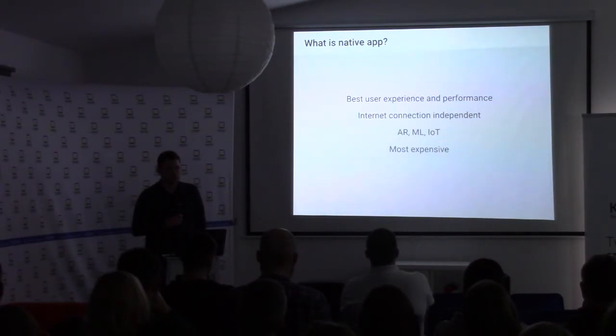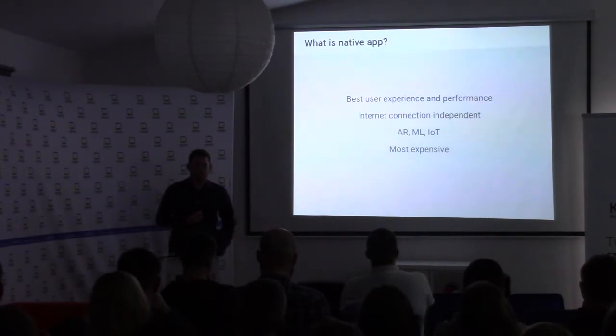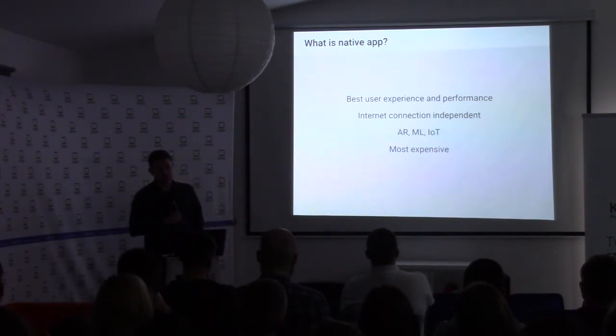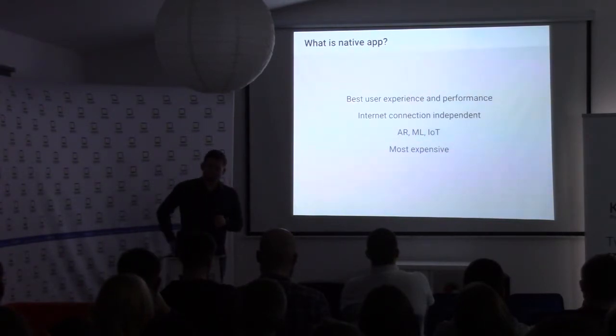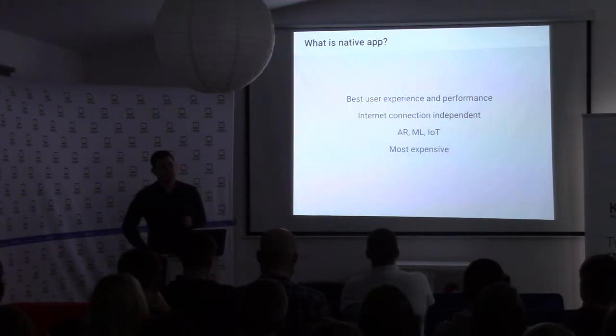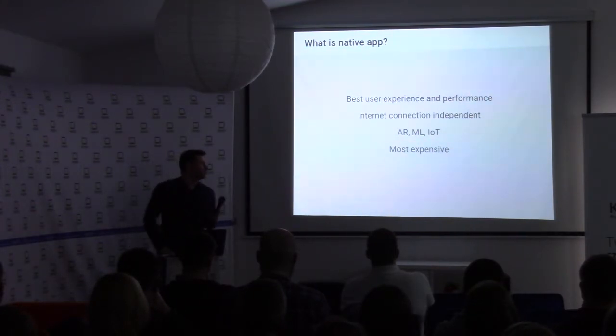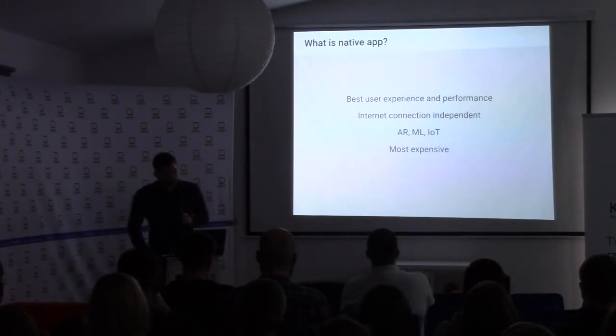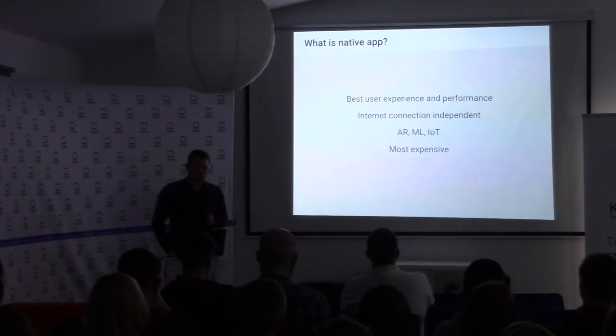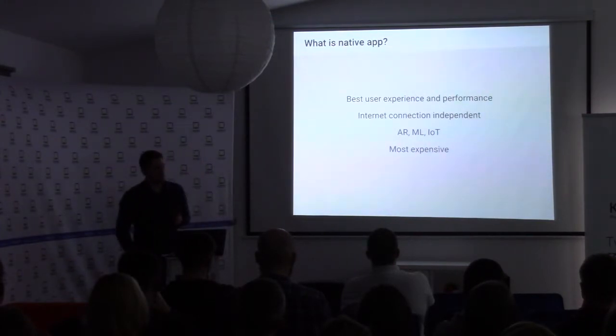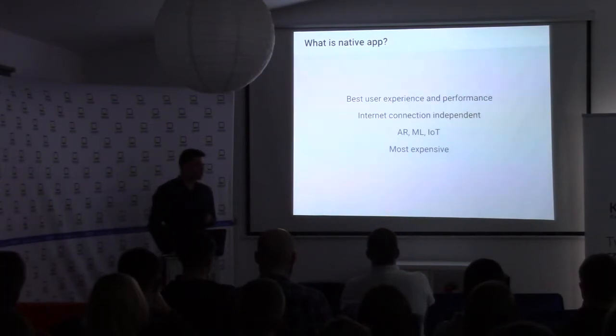Depending on the functionality of your application, we may not need an internet connection to run them. So imagine you have an application where you're just adding items to a list, like a shopping list, which has very basic functionality. You don't need an internet connection for it. With native apps, we are able to use technologies like augmented reality, machine learning, or Internet of Things.